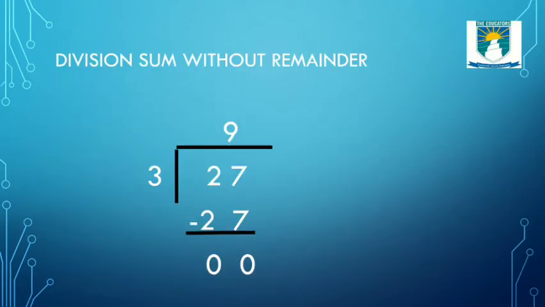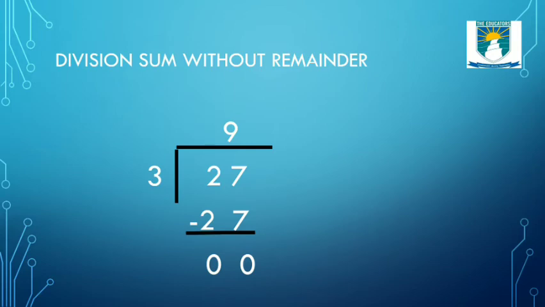Division sum without remainder. I am going to divide 27 by 3. I will write 27 inside the bar and 3 outside the bar. I will read 3 times table till I get 27 or less than 27 but nearest to 27. 9 times 3 is 27.